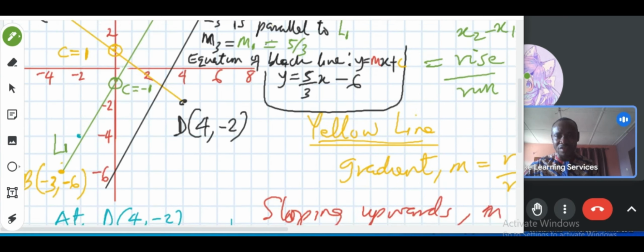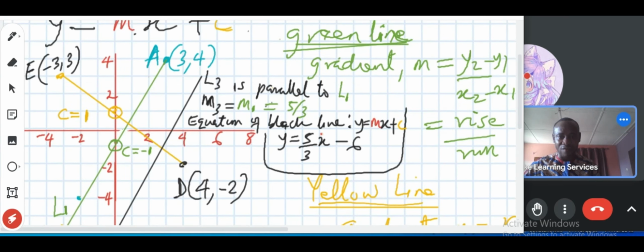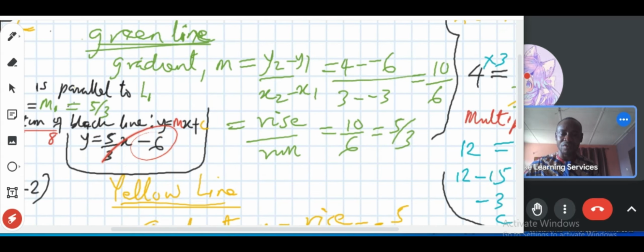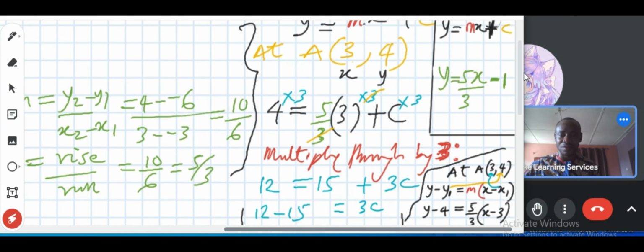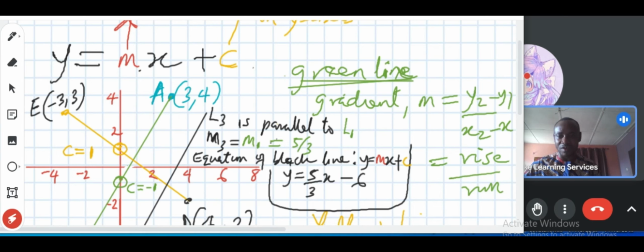The only change is the intercept. 5 over 3x minus 6. So they all have 5 over 3x because they have the same gradient. While this one has an intercept of minus 6, this other one has an intercept of minus 1. And if you check, the intercept of the green one is minus 1.